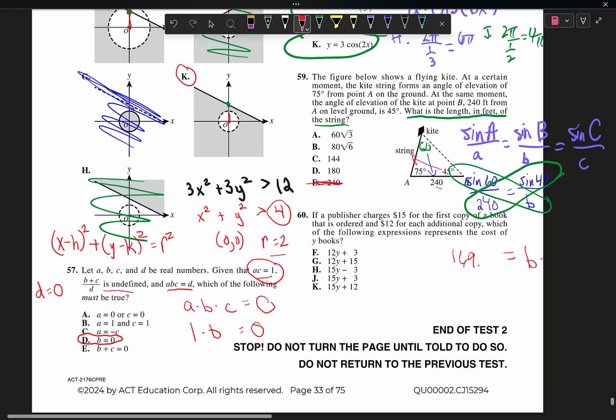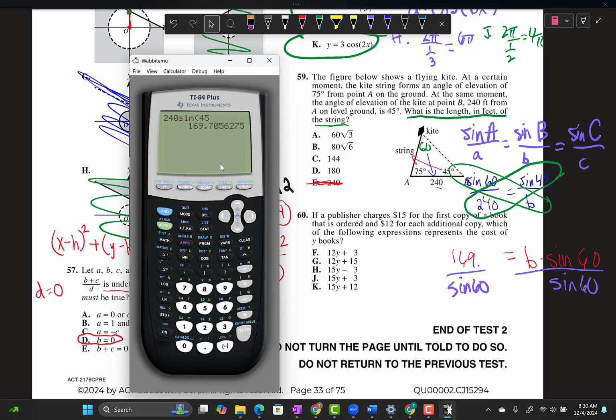The other cross product is b times the sine of 60. So to solve for b, we would have to divide both sides by the sine of 60. But we want to divide that entire decimal, so we didn't want to clear that out, and we're just going to divide it by the sine of 60. In fact, I'm going to put that in parentheses.